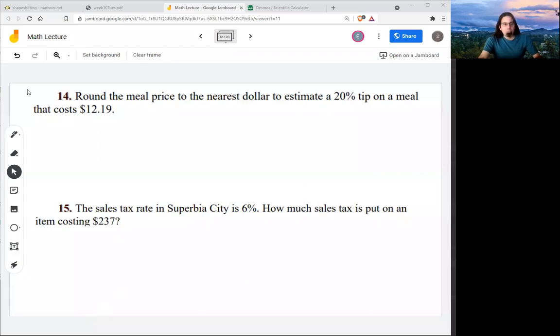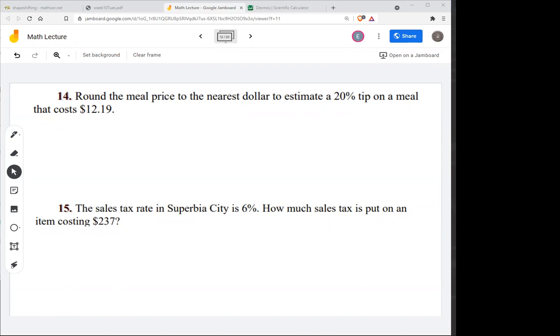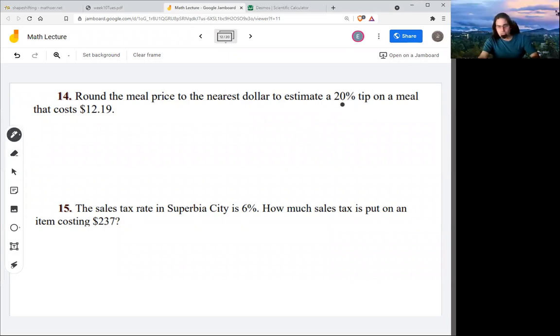14 has a couple steps. What do we do first? Turn the percentage into a decimal. Okay. So 20%, I turn into 0.2. Then what?